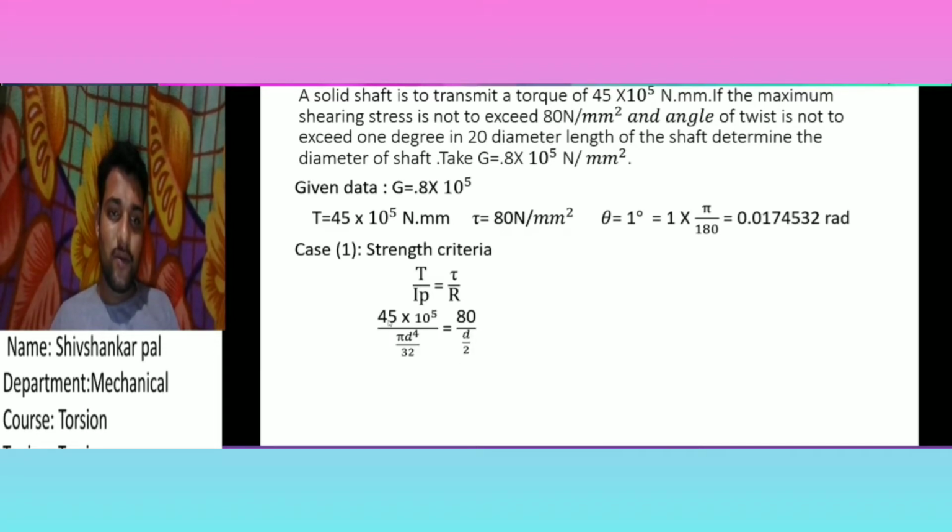So put the values: 45 × 10^5 over pi d^4 by 32 equals 80 over d by 2.